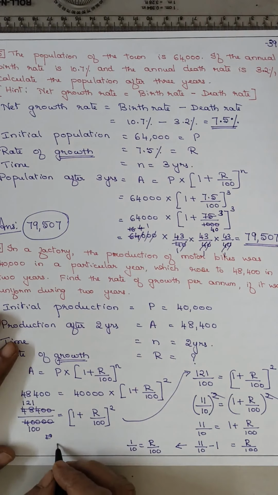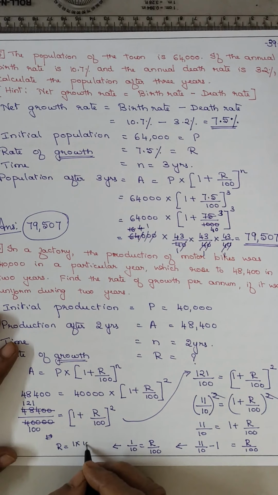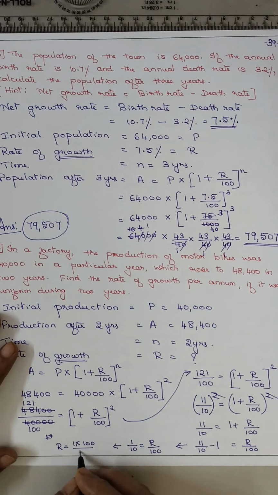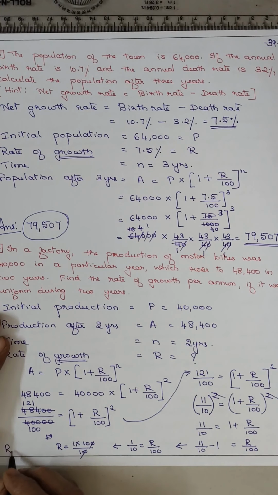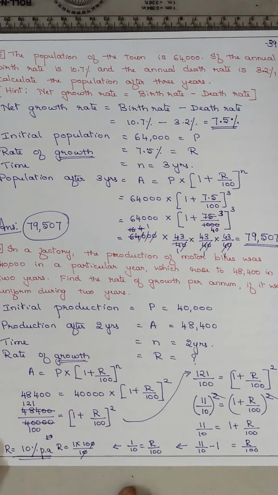That means r is equal to 1 into 100 upon 10. Zero, zero get cancelled. So r is equal to 10% per annum. Sorry, here the place was a little bit less, that is why.